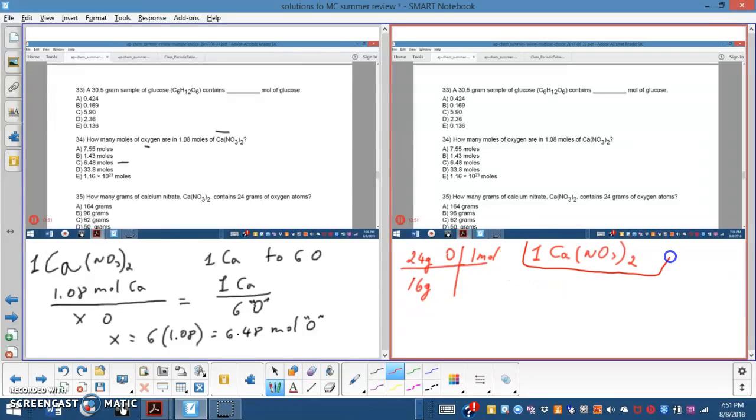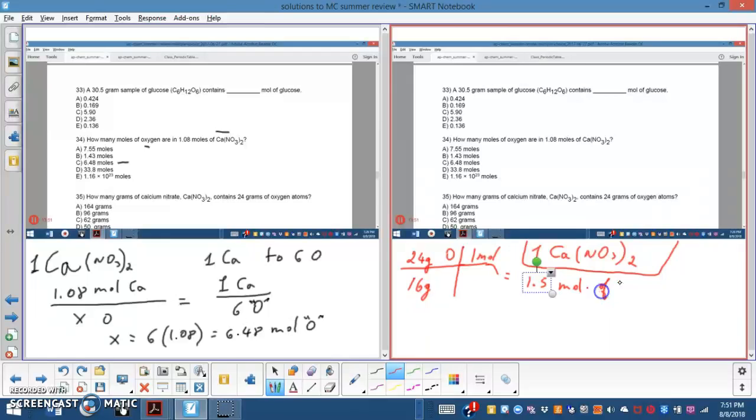Let's leave this one aside because that's your formula. The number that you get in this case is 24 divided by 16, which is 1.5. So 1.5 moles is what you have for your oxygen.